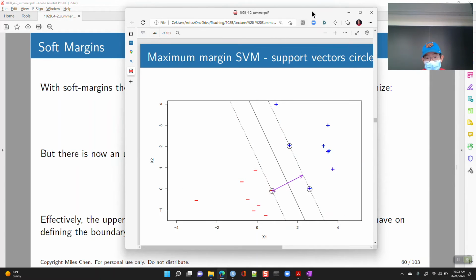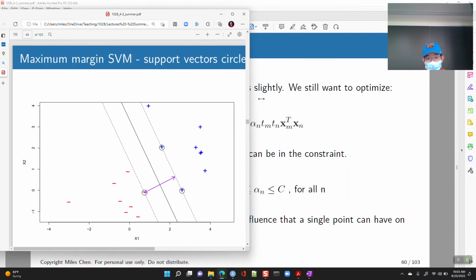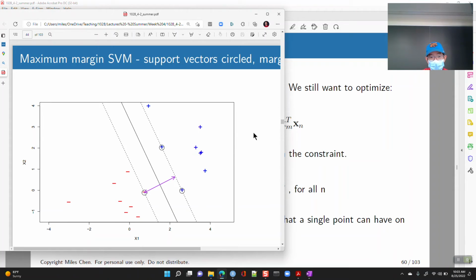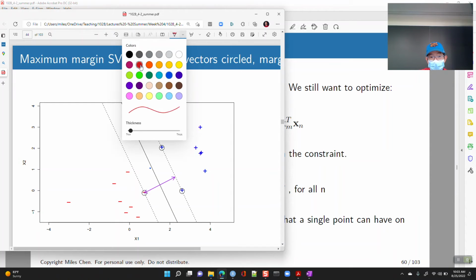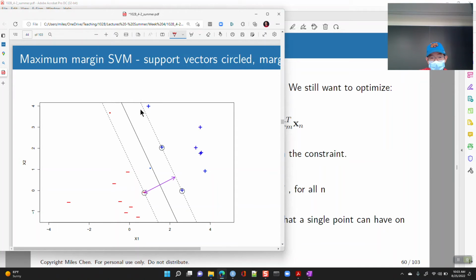So the idea here being, I don't know if I can draw on this. Okay, I can't. If I put an observation, say right here, okay, this point now falls on the wrong side, and my boundary would have to separate the red from the blue.